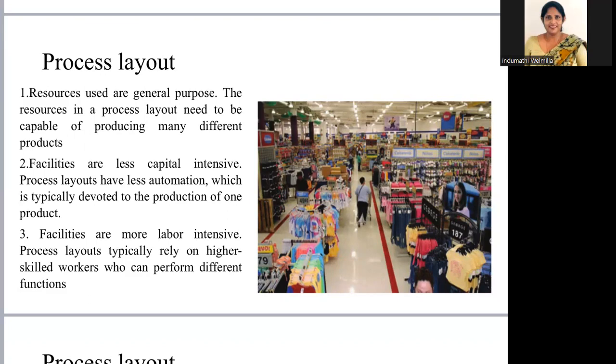In this type of layout, all machines and equipment which perform the same function are grouped together. For example, all lathes may be placed in the machine shop, all welding plant may be grouped together in the welding shop, and painting equipment may be available in the painting shop, and so on.